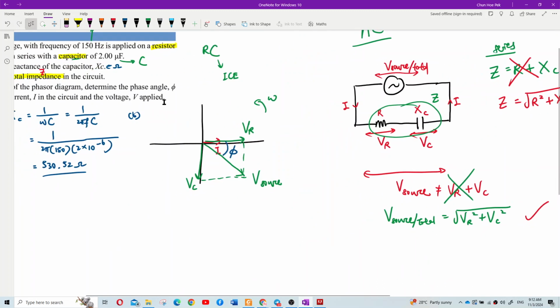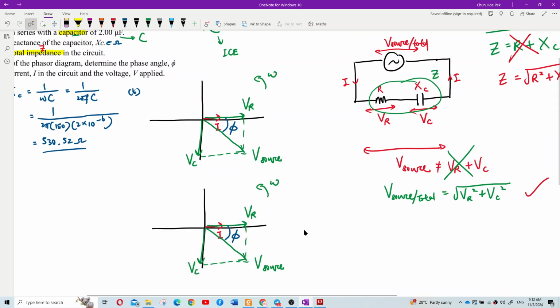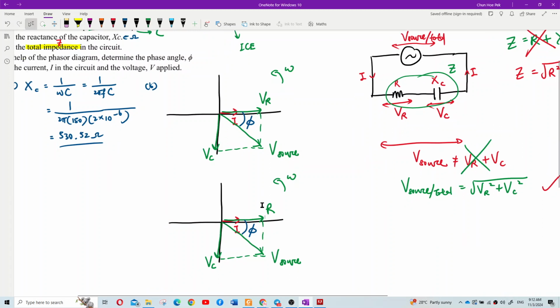So ini phasor diagram. Actually, we can translate it. Kamu boleh lukis kepada R juga. VR itu macam R. VC ini macam XC.